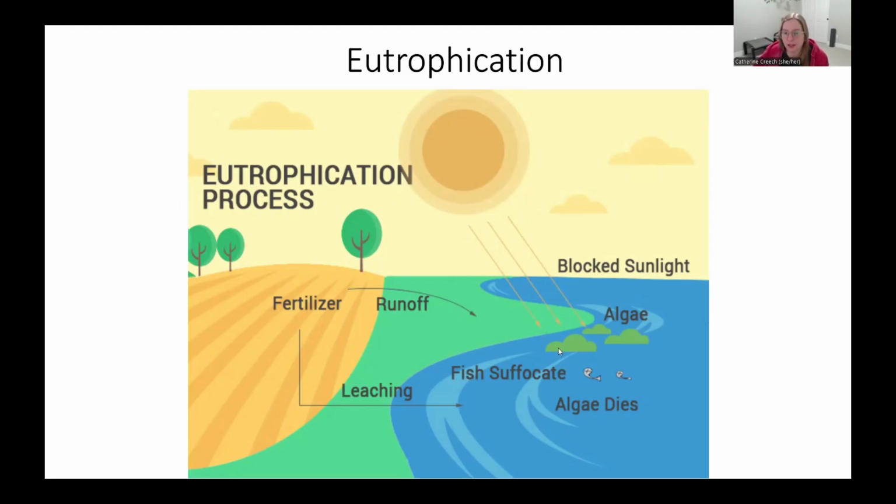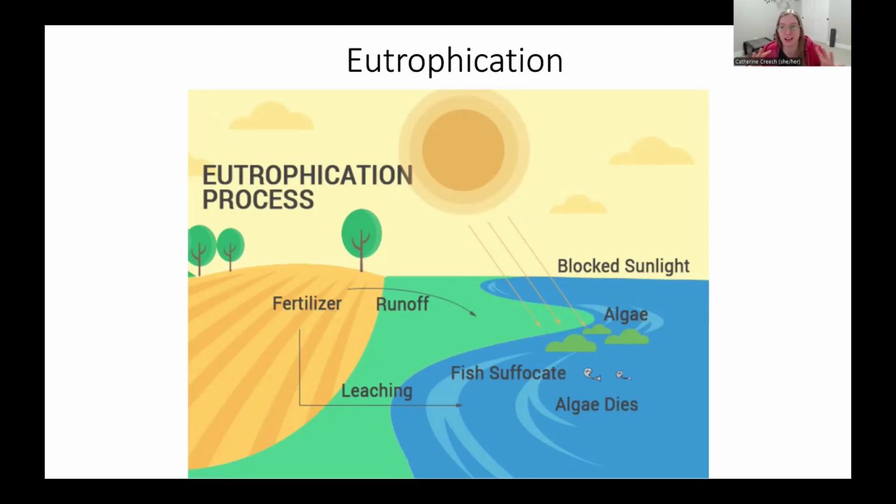Now, our water contains algae. Algae are basically plants, and algae, they grow with fertilizer. So you're growing your algae, everything is getting super excited, and then that algae dies off. And as that algae dies off, we're going to have decomposers start to break it down. Those decomposers are going to be eating the dead algae, and as they eat it, they're sucking oxygen out of the water because they need that oxygen to decompose the dead algae.